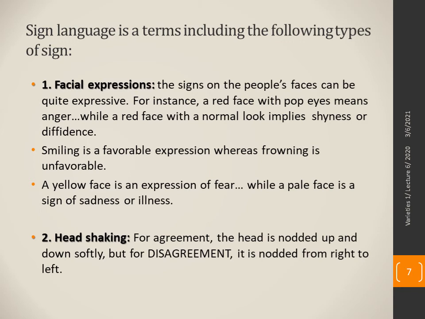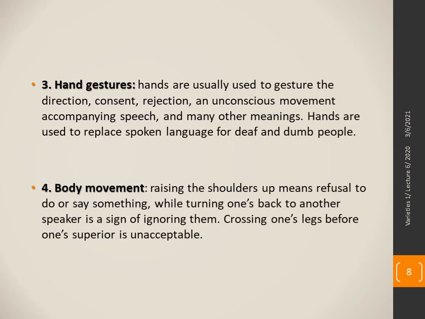Another aspect of paralinguistic features is head shaking. For agreement, the head is nodded up and down softly, but for disagreement, it is shaken from right to left. We also have hand gestures. Hands are usually used to gesture direction, consent, rejection, unconscious movement accompanying speech, and many other meanings.